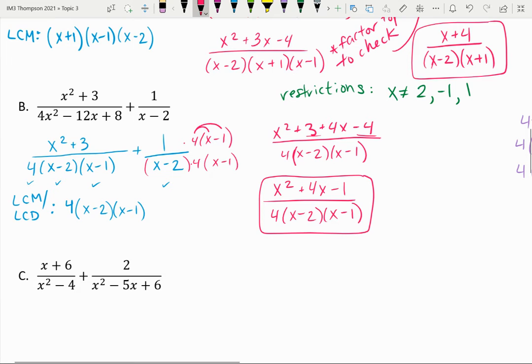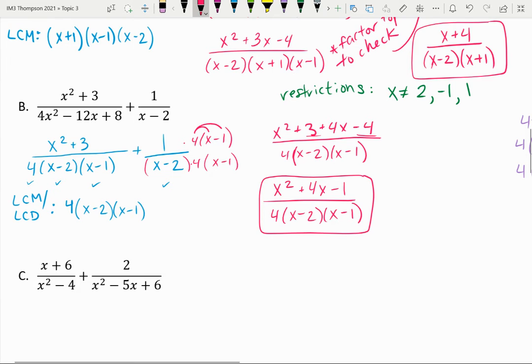So the least common denominator has to have every factor from every denominator. So when I write this in factored form, I'm looking for what do I have, and then afterwards, what am I missing? So in the denominator, I've got a 4 and an x minus 2 and an x minus 1 and an x minus 2. I need everything in my common denominator to be accounted for. So I need a 4, I need an x minus 2, I need an x minus 1.